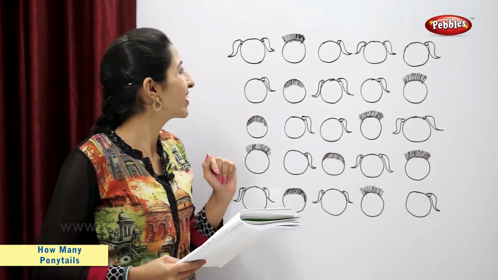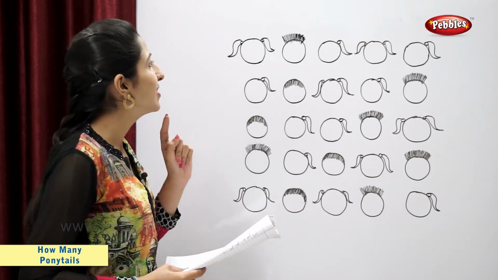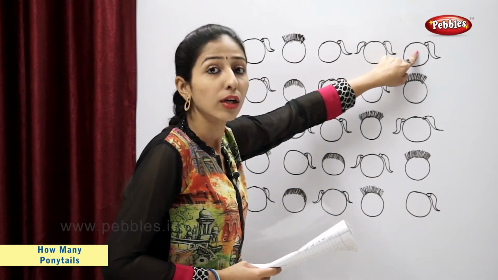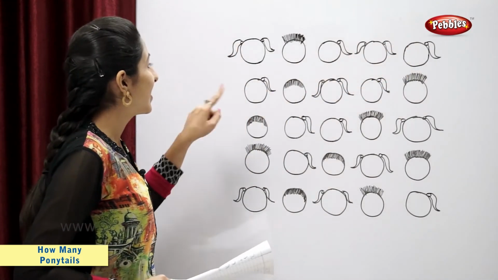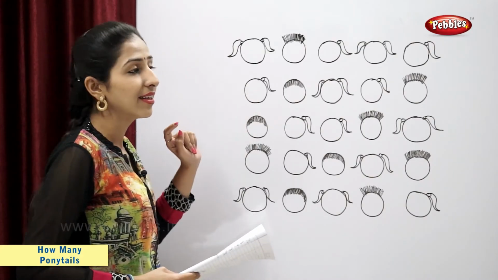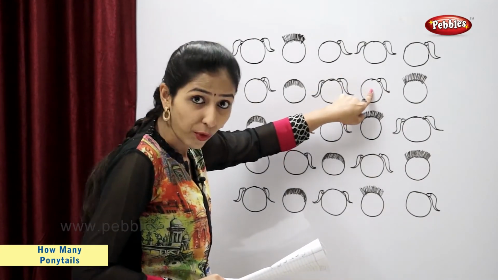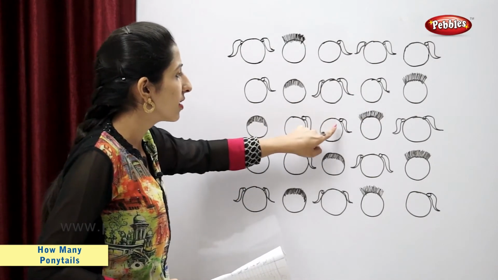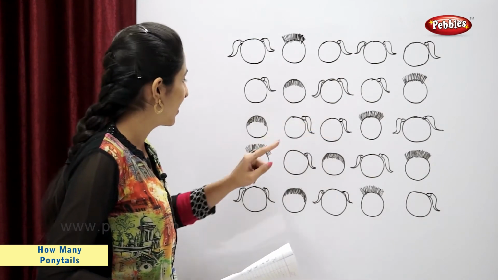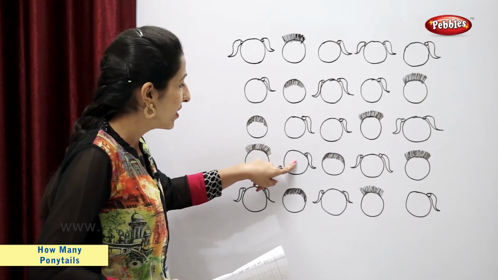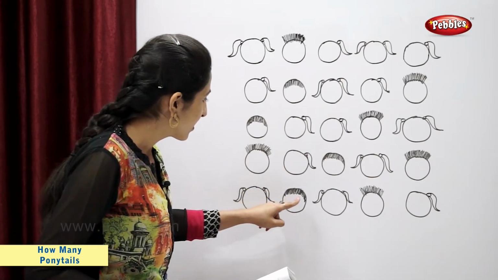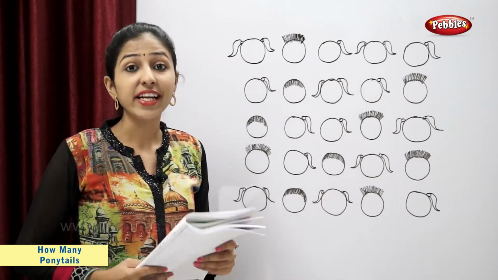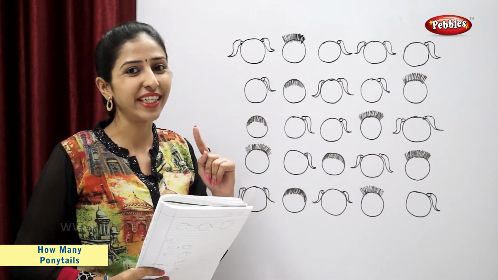Let's count. 1 ponytail. 1, 2, 3, 4, 5, 6, 7 and 8. So, there are 8 children with 1 ponytail.